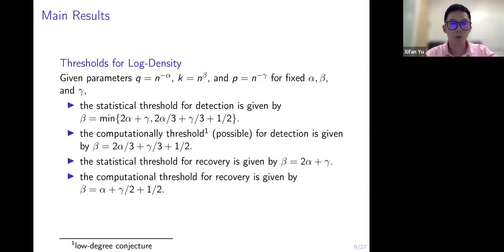Whenever beta is above the threshold, the relevant task is possible, whereas whenever beta is below the threshold, the relevant task is impossible. Our computational threshold is conditioned on the low degree conjecture, where we show the failure of low degree polynomial algorithms.